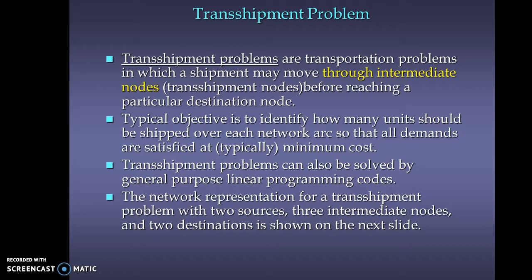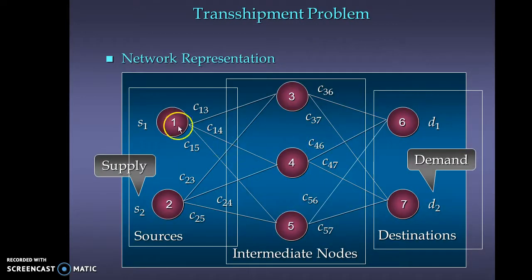They're similar to transportation problems, but we have intermediate nodes. Let me show you a little visual what that looks like. So we have sources, we have destinations, or supply and demand, but we have intermediate nodes. Think of them as warehouses, things going from point A to point B, seller to an Amazon warehouse to you as a buyer at home.